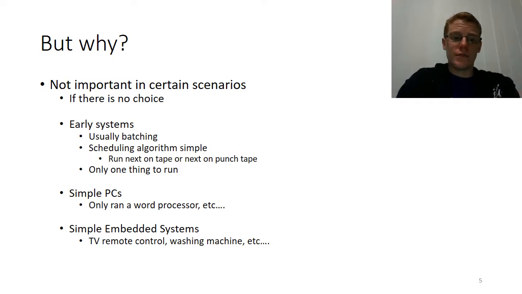In simple machines, which may only run one single application, such as a specific word processing machine, that thing doesn't have multiple processes to worry about. Or say an embedded system, such as the system running in a remote control, or your washing machine, or inside your TV, in many cases may not need to worry about handling multiple processes and may not need to make scheduling decisions. So sometimes scheduling is not important, and sometimes it is.